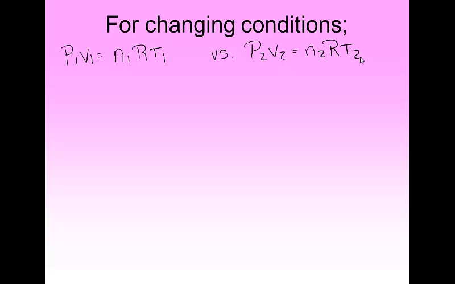Something else I want you to know about PIVNERT, it can actually be used for changing conditions also. If you have a set of conditions versus the second set of conditions, what's the only thing that's the same in both conditions? Well, R is a constant.